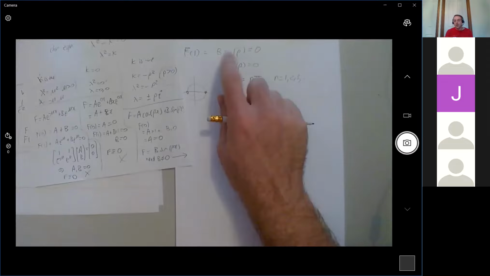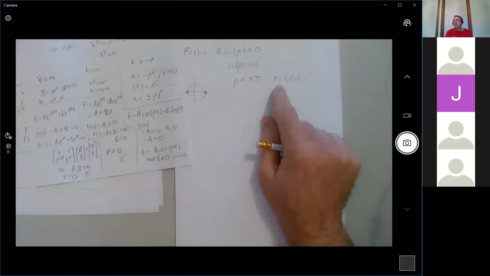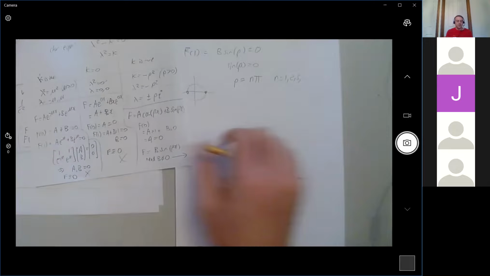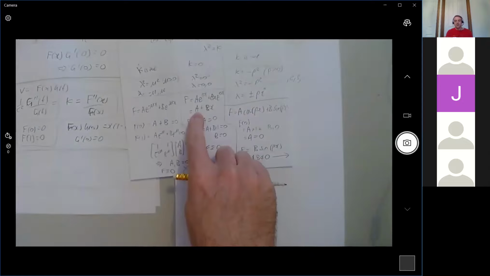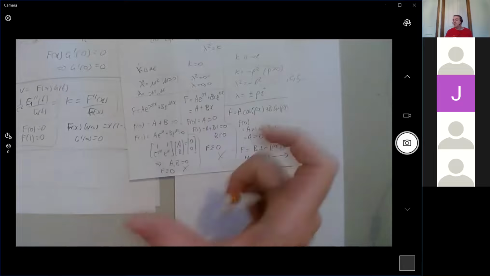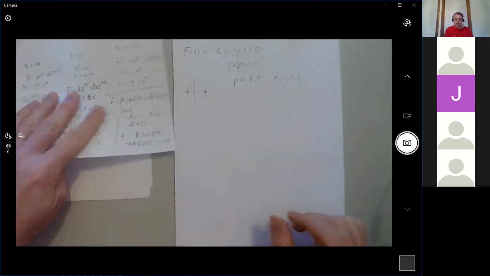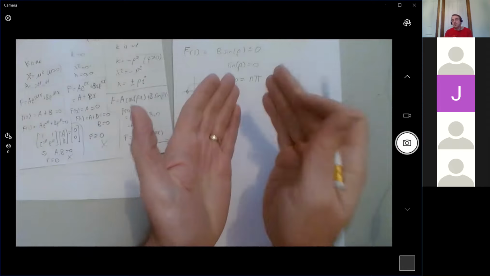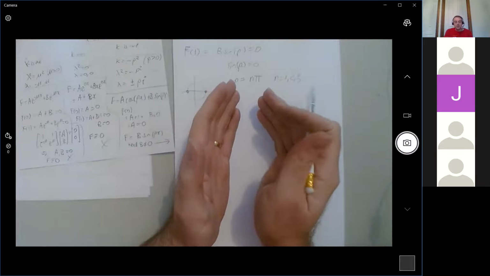If this had been a cos, then it would have been okay for this n to be a 0 probably. Maybe, probably not, because we would have covered the constant solution back here, because cos of 0 is a constant. So that's all right. So that's how we end up with only some solutions.